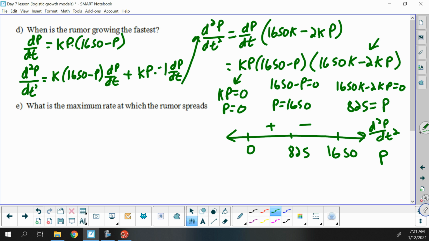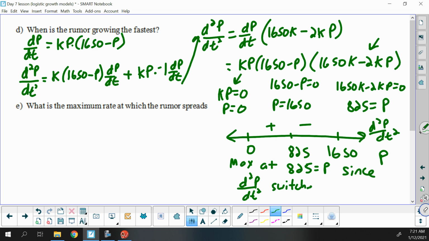So we're going to have a max at 825 is equal to p, since d2p over dt squared switches from positive to negative.